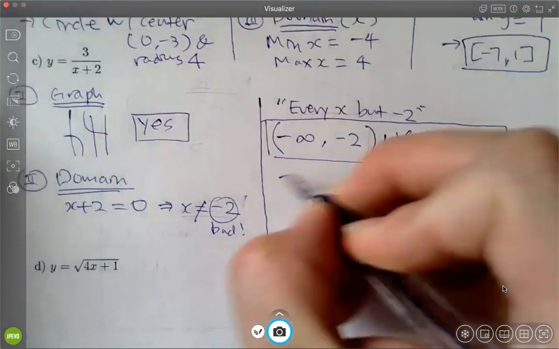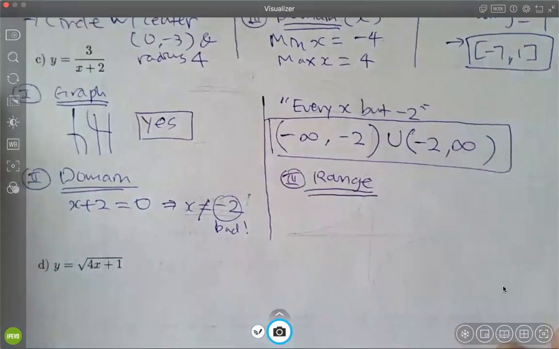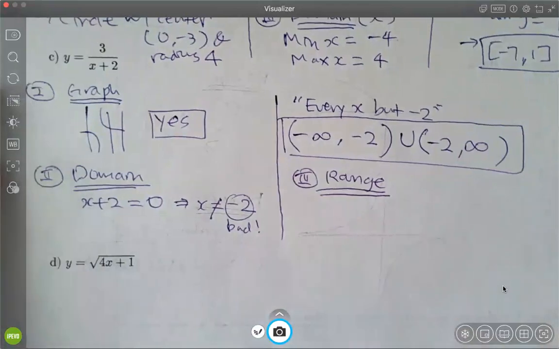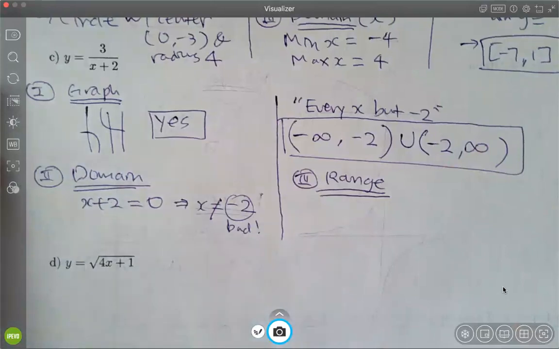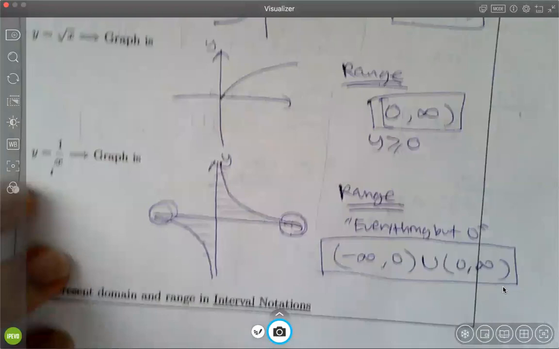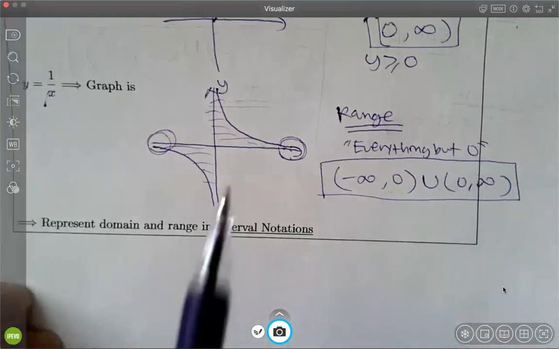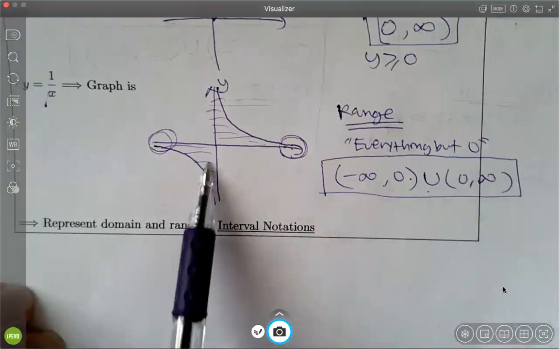And now, what is the range? Everything but 3? Negative 3? Everything but 0. Yes, everything but 0 was the range for 1 over x.